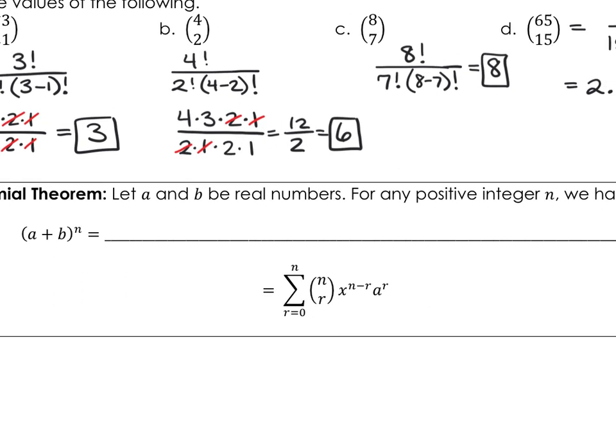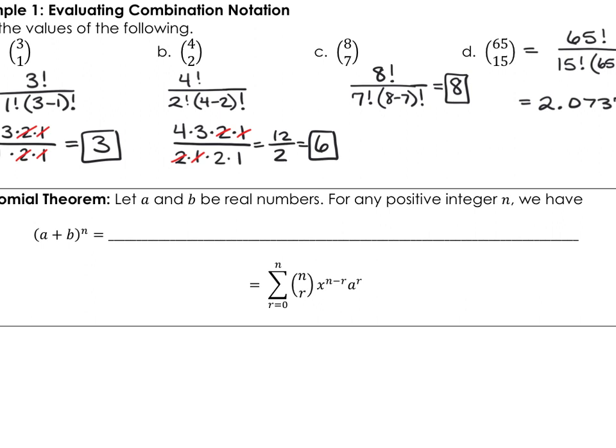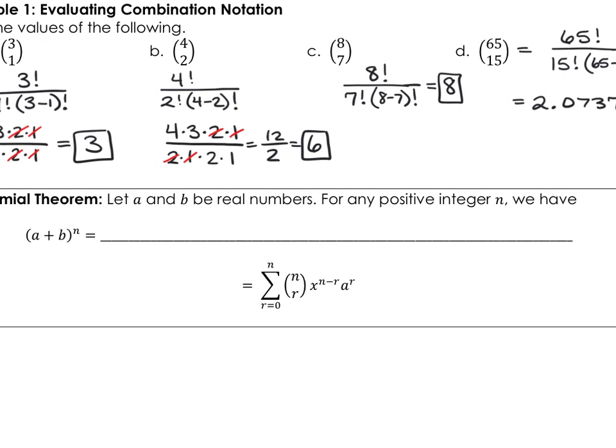So let a and b be real numbers, so we're not using imaginary numbers. For any positive integer n, that's the power, we have the following expansion. (a plus b) to the n can be written as n choose 0 times a to the n, b to the 0, plus n choose 1, a to the n minus 1, b to the 1. It's a lowercase a?